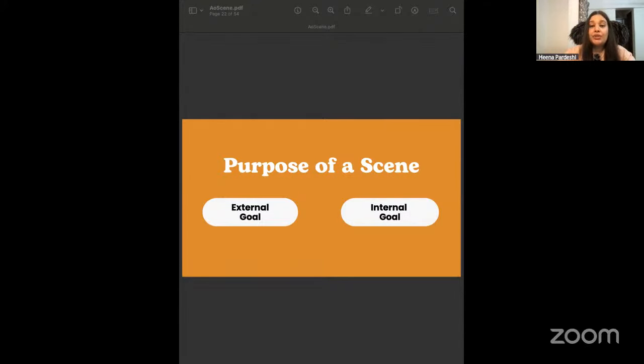These internal goals shape the tone, the voice, the body language, the sensory detailing, and the emotional depth in a scene. So that's why these goals are so important. The best scenes, again, often have both external goal and internal goal.